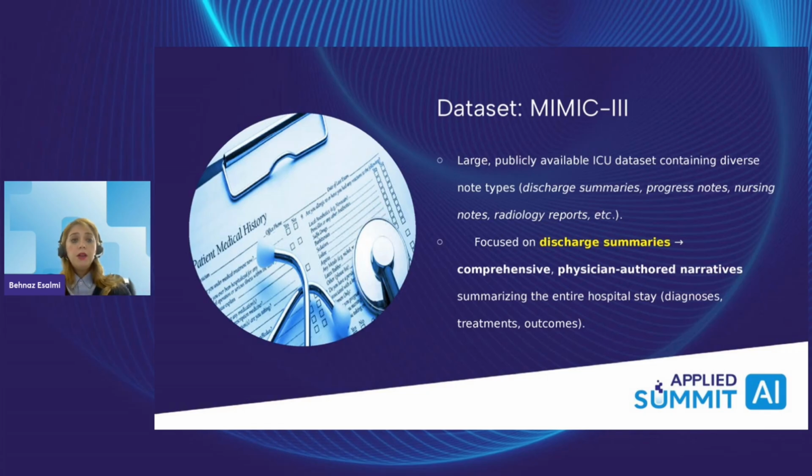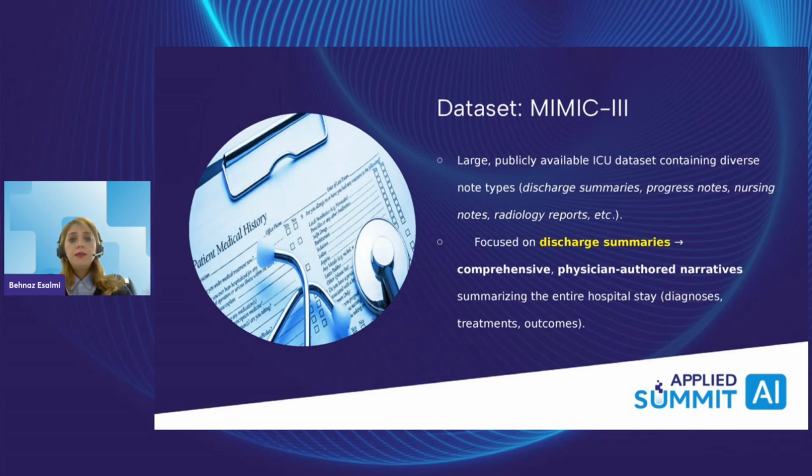We talked about some of the explanation, definitions, and the approach behind our hybrid framework. But what kind of data did we work on? To evaluate our system, we focus on using the MIMIC dataset. It's a benchmark dataset, an open, de-identified ICU dataset containing a wide range of clinical notes.